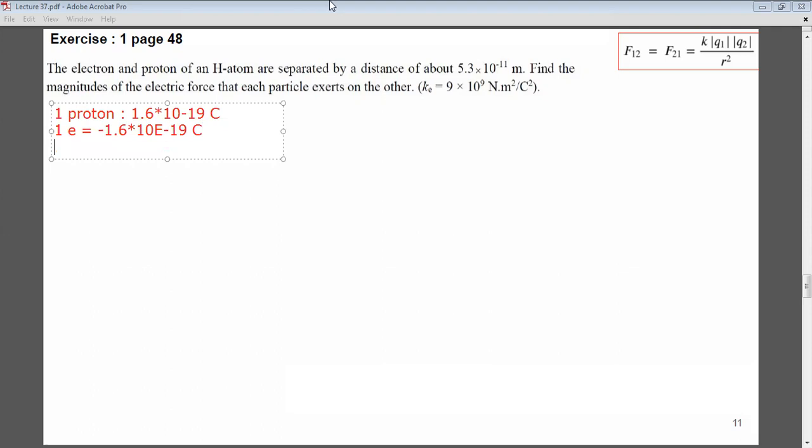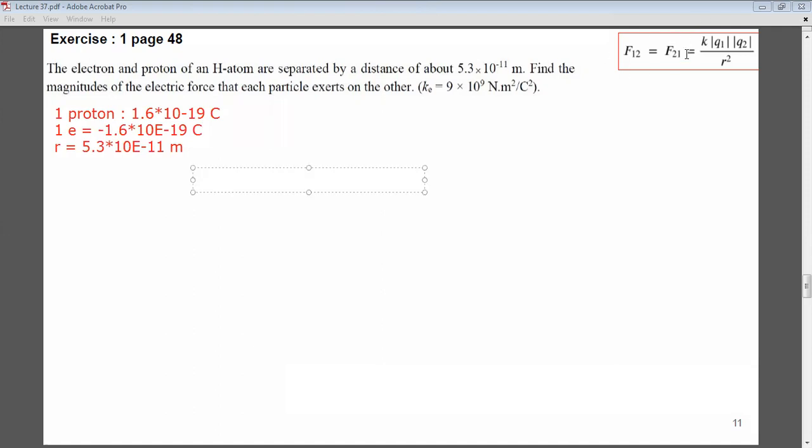They are separated by a distance d, or we call it r, 5.3 times 10 power minus 11 meter. Find the magnitude of the electric force that each particle exerts on the other.